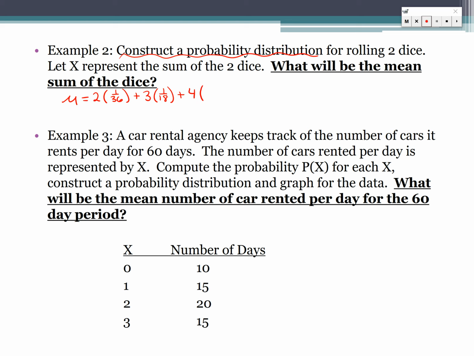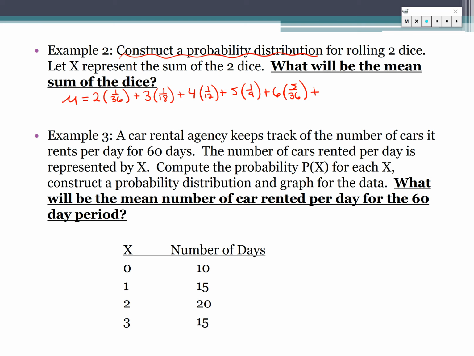Next sum was 4, and that was a 12th probability. 5 was a 9th. 6, 5/36. And again, these numbers should be coming from the distribution you did yesterday.